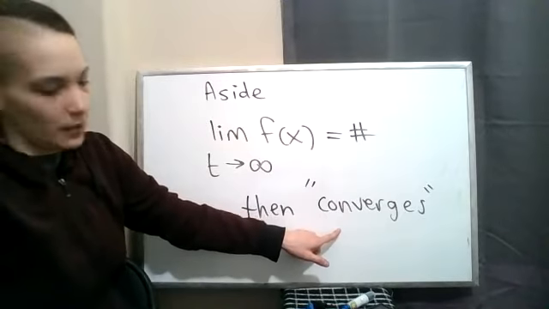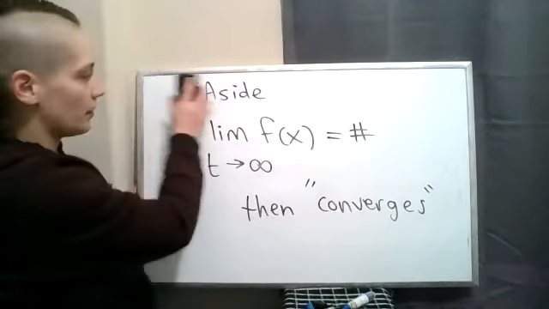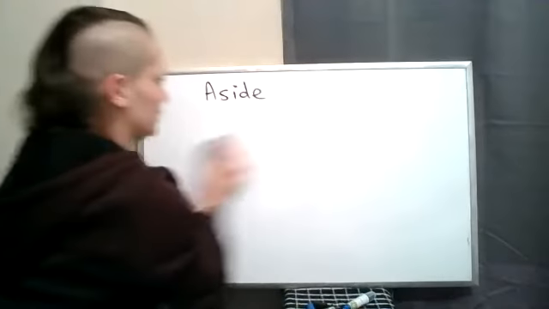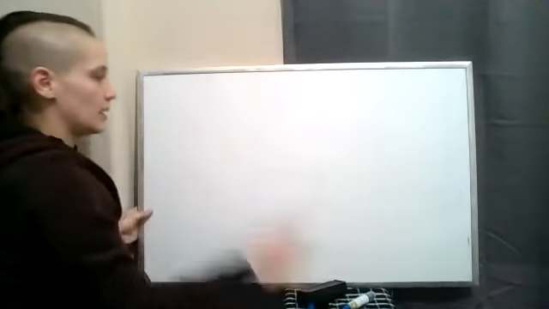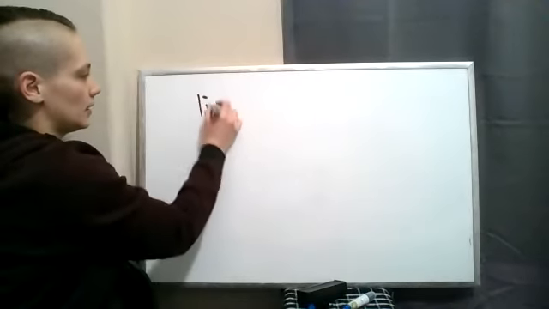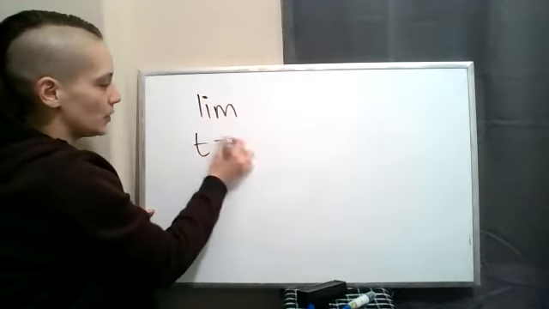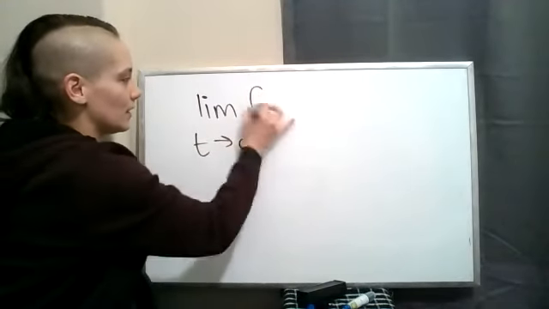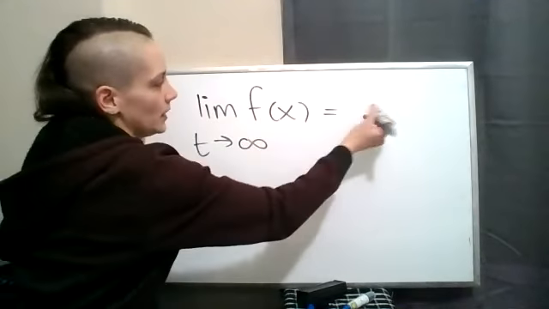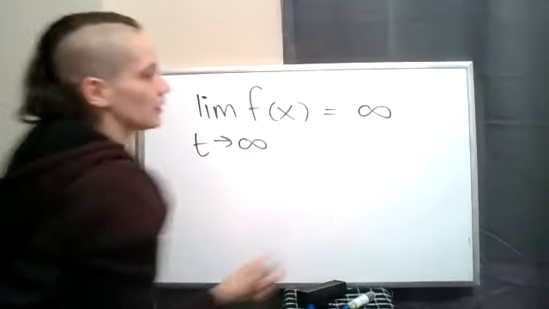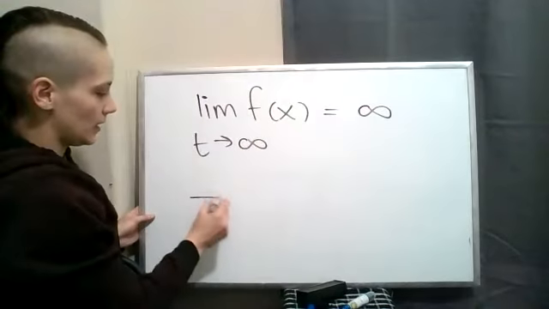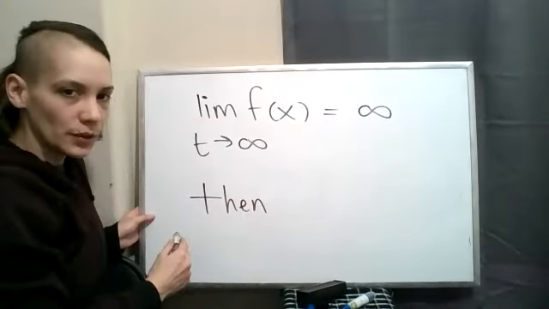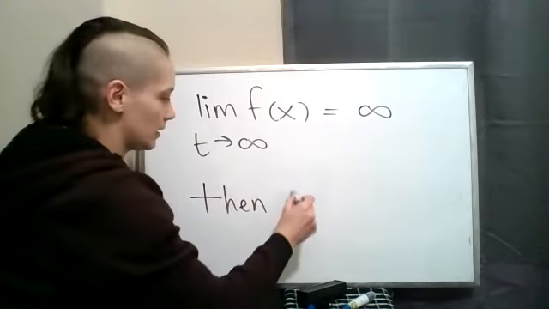If the limit is not a number, like the limit as t goes to positive infinity of f of x, and you get, let's say, infinity, then the integral diverges.